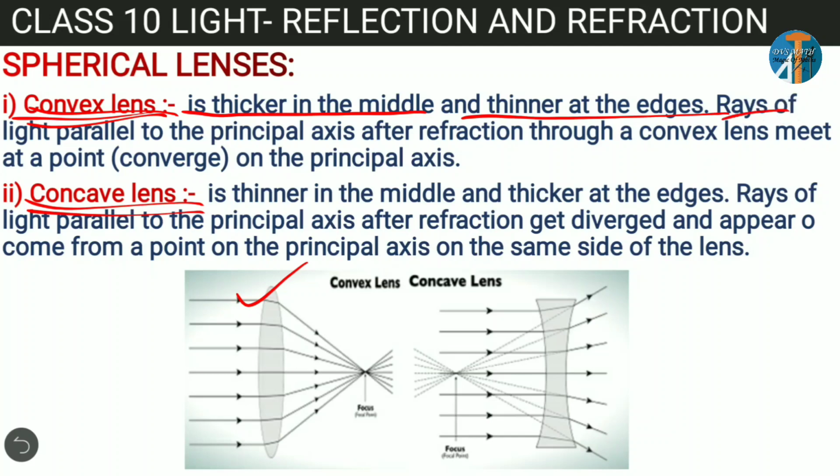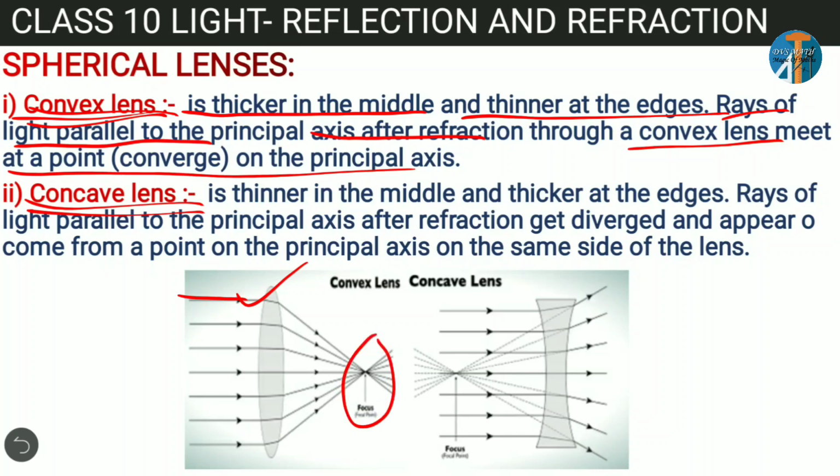The rays of light parallel to the principal axis travel through the lens, so they will not reflect, they will refract. That means they bend. The lens looks like glass material, so light travels from air to glass and bends, right? They converge at one point. So which is a converging lens? The convex lens. Which is a converging mirror? The concave mirror. Remember the reverse.